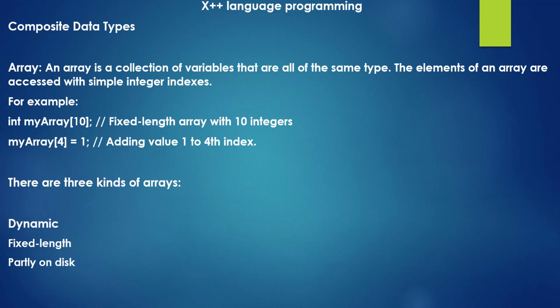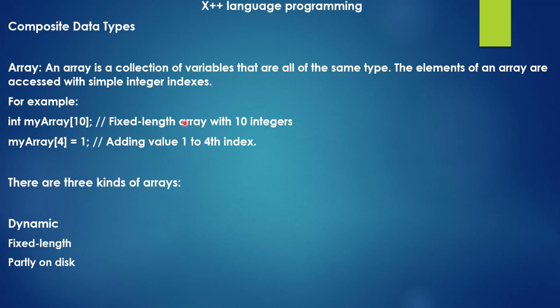The elements of an array are accessed with a simple integer index, which means we can access any element inside the array through an integer index. For example, here we have created an integer array, my array, with the bracket open and a value of 10 inside.